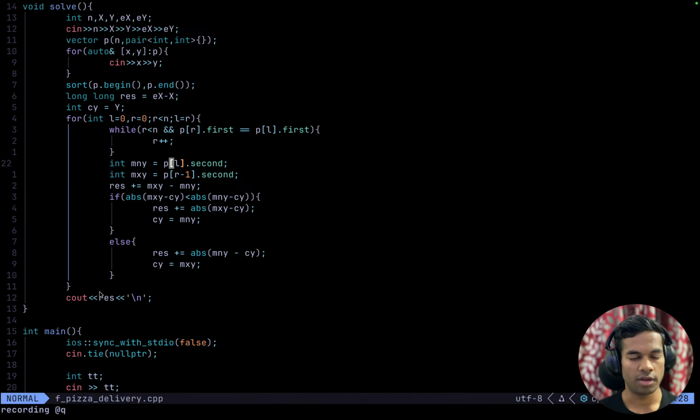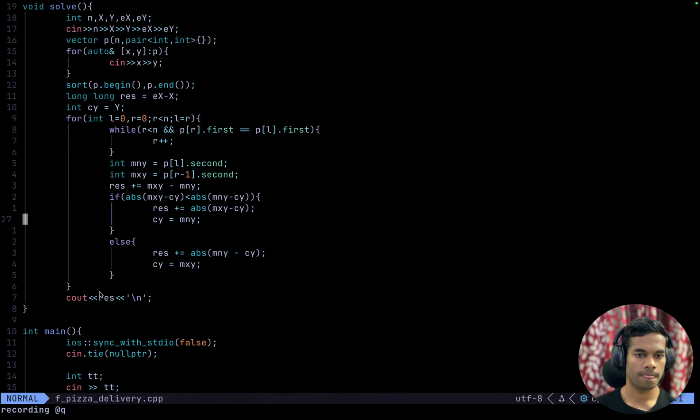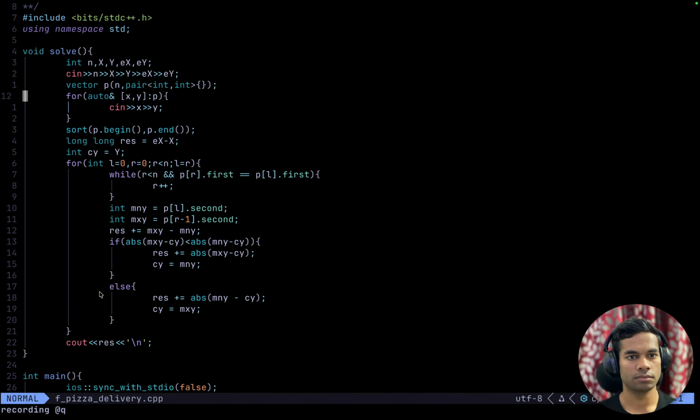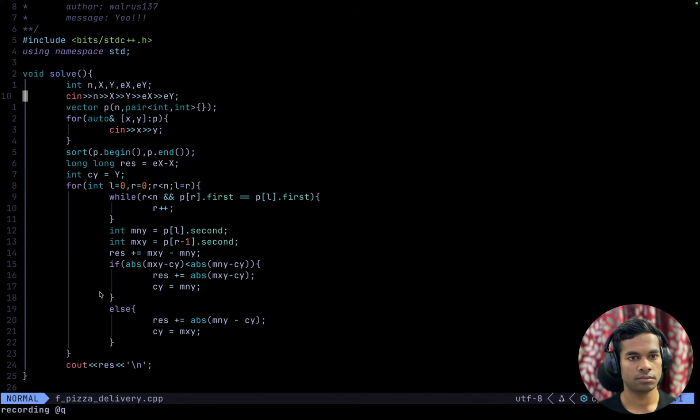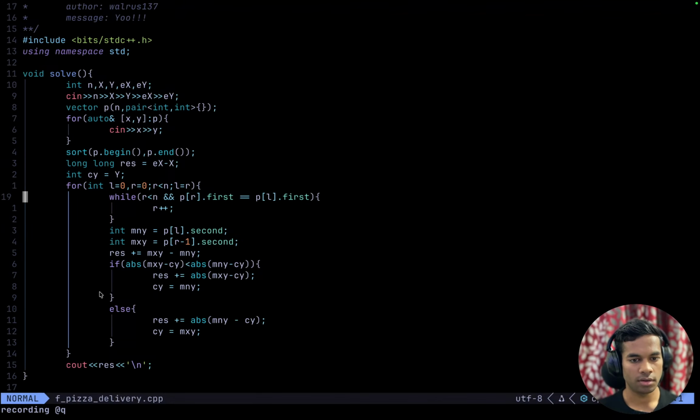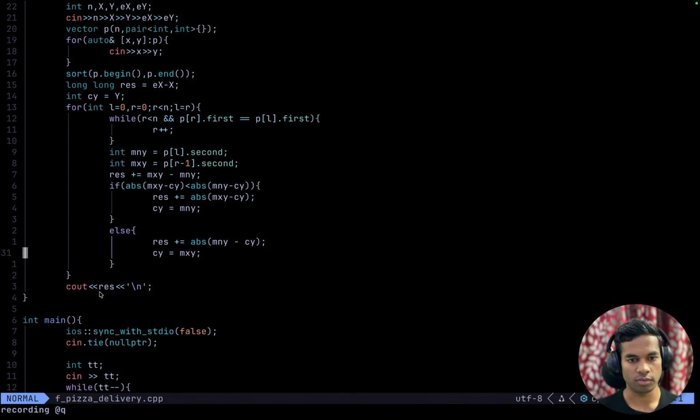Minimum is this one and maximum is the other one. Result plus equals absolute, current y also changes afterwards.